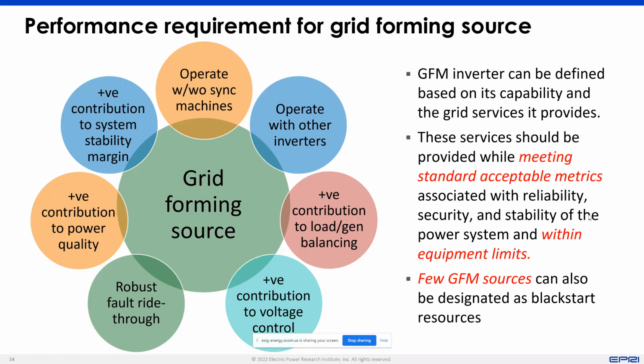There are only a few designated black start. When I say few, I don't mean few as in 1 or 2, but there are certain synchronous machine plants that are designated to be black start capable units. So in the same way, we have to have a differentiation and classification of grid forming inverters, wherein every inverter resource that's capable of black start is by default a grid forming inverter, but every grid forming inverter need not be a black start capable inverter.